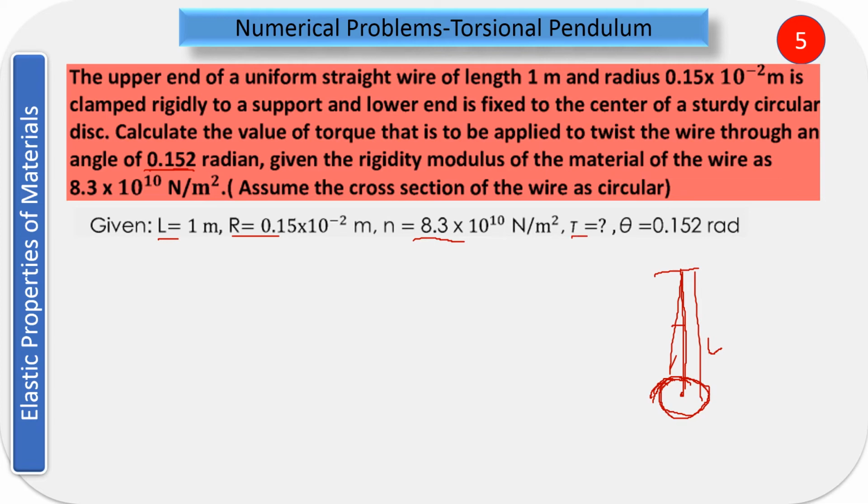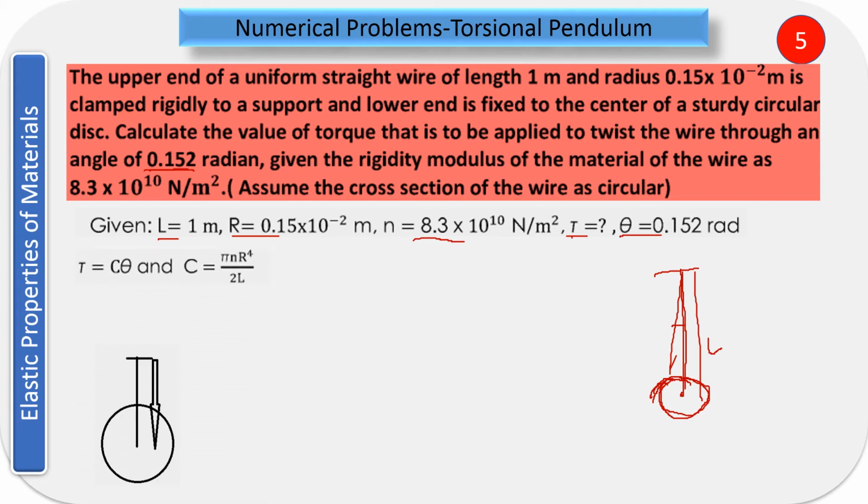How much twist couple you have to give so that you produce the twist theta equal to 0.152 radian? You should be careful. If the angle of twist is given in degrees, you should always convert it to radian. This is where I have drawn this figure. The same figure I have shown you over here, right?